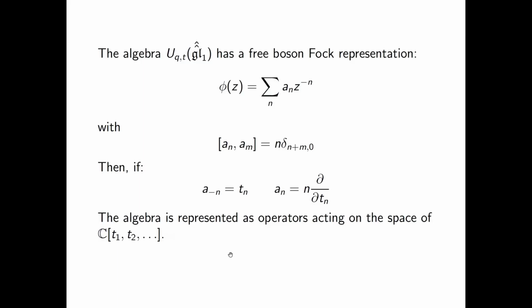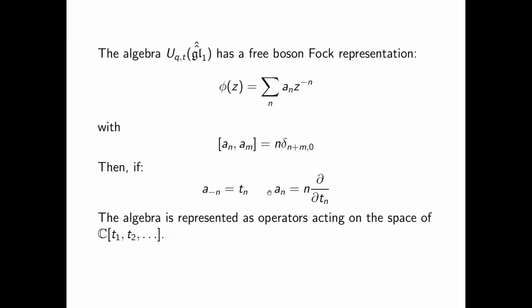This algebra has a representation on the Fock space of a free boson, just as the Virasoro algebra. Again, this just means that I act on the space of functions in infinitely many variables by multiplying by t_n or taking a derivative in this t_n. So these are my Heisenberg operators.